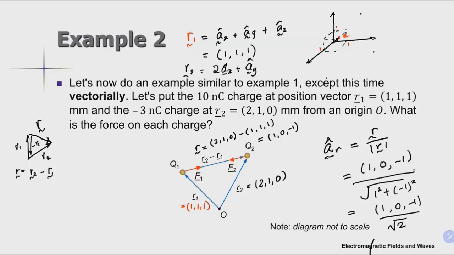And the formula for our Coulomb's law, that will be F2 in vector equals minus F1, that will be Q1 Q2 over 4 pi epsilon naught R squared, where R squared refers to the magnitude, times our unit vector R.